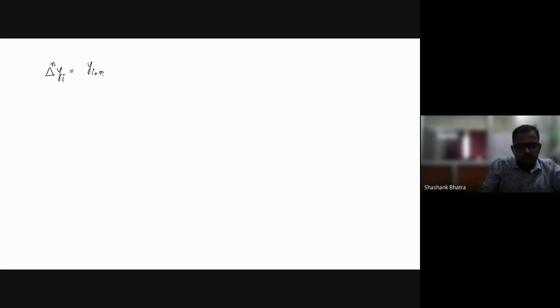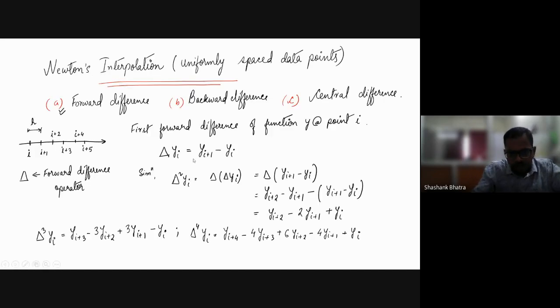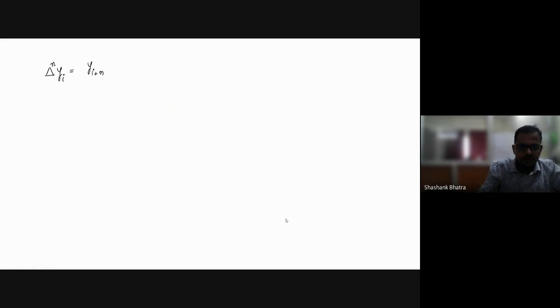If you look into the pattern, wherever you had i plus 2 before, in a similar manner when you have nth order, you will have i plus n, then alternating plus and minus: minus n times y i plus n minus 1, plus n into n minus 1 upon 2 factorial times y i plus n minus 2, and so on and so forth.